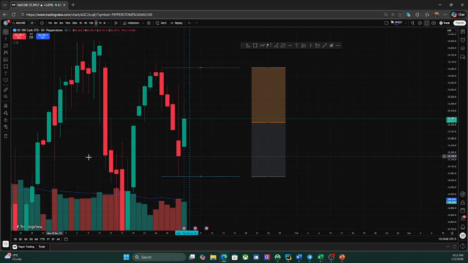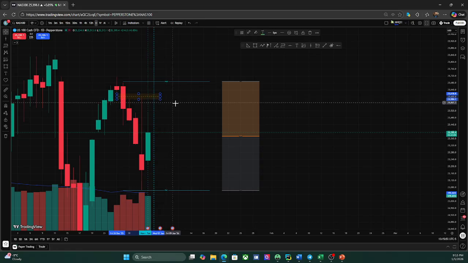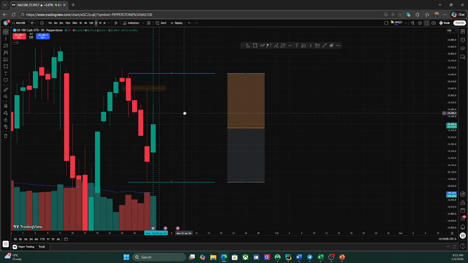Let's look on the daily basis and see what we're looking for. We're looking for a fair value gap that was already tested one time, right? Think about the fair value gap in the 1 day time frame.